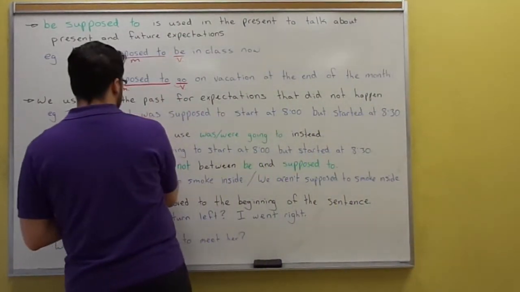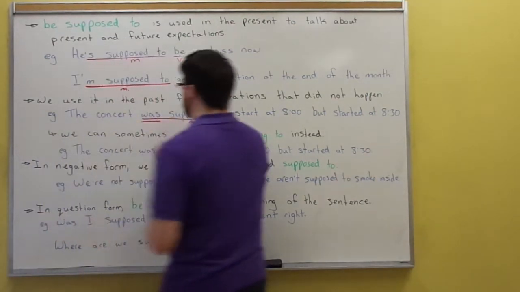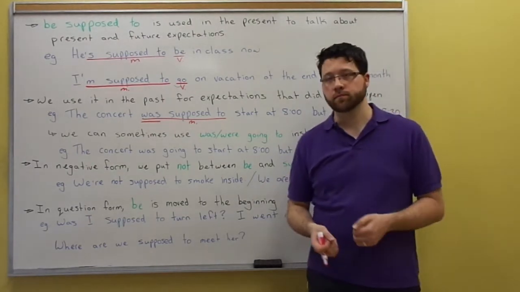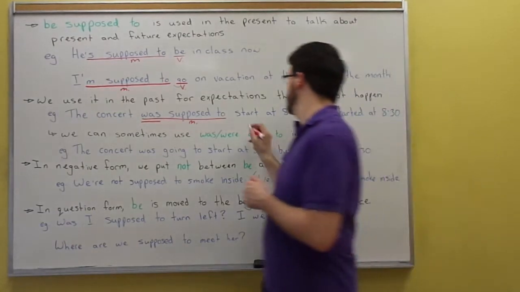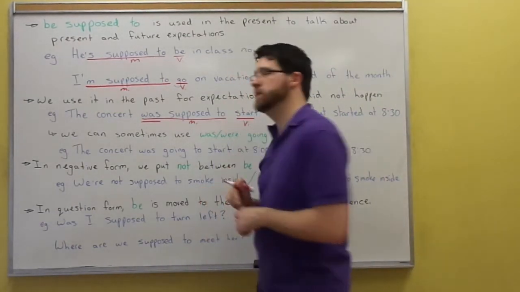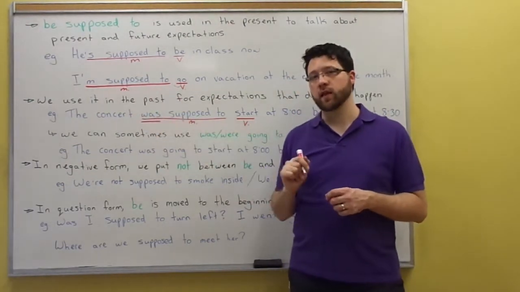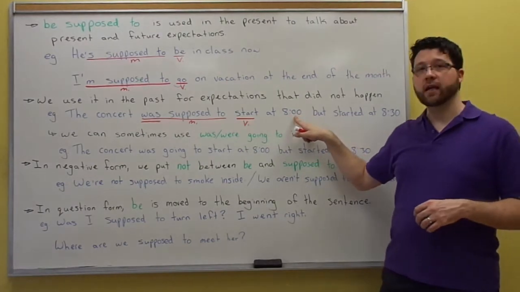Here, you'll notice with our modal, was, not is. The concert was supposed to start. And again, our verb, start, is still in base form. Was is the only thing in the past. The concert was supposed to start at 8 o'clock.